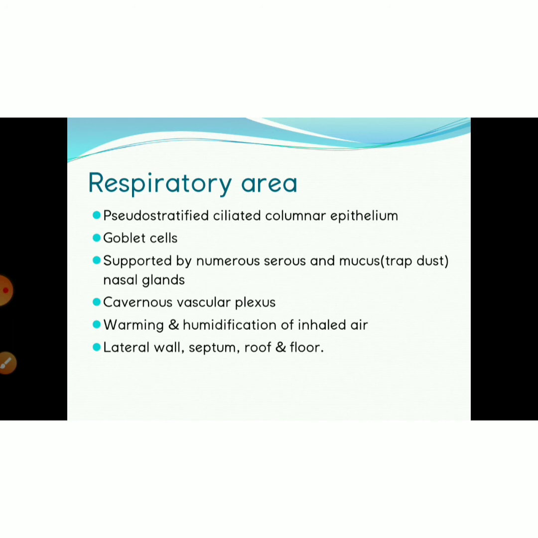The respiratory area is large and is covered with pseudostratified ciliated columnar epithelium and goblet cells supported by underlying lamina propria containing numerous nasal glands. These nasal glands will be both serous and mucus, and there will be cavernous vascular plexus.